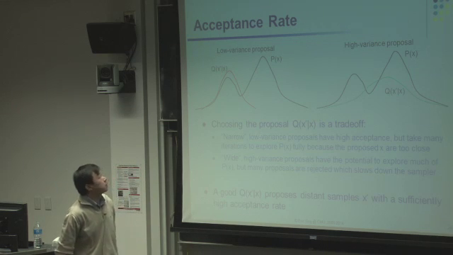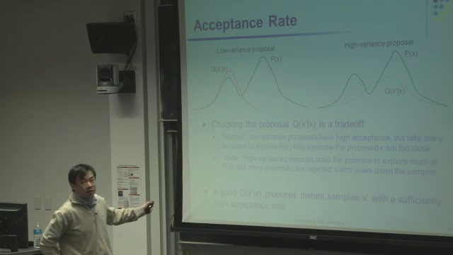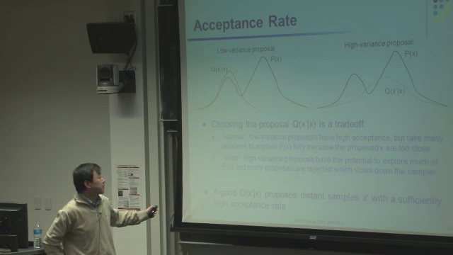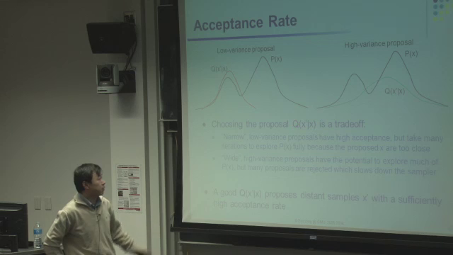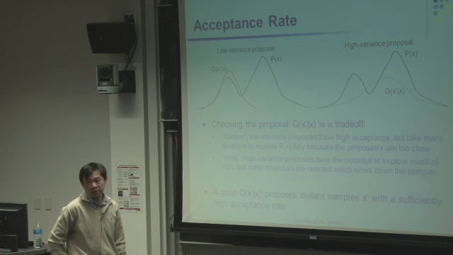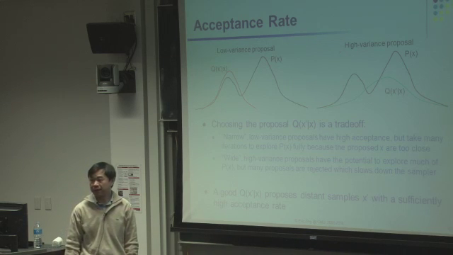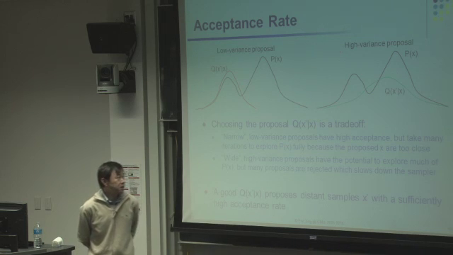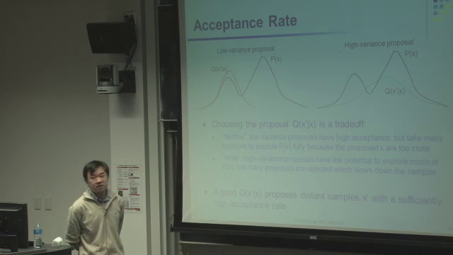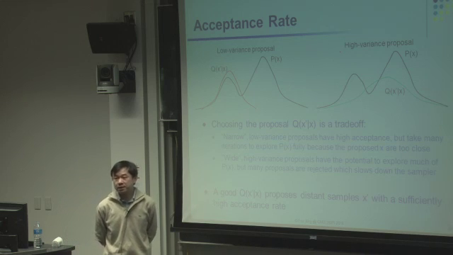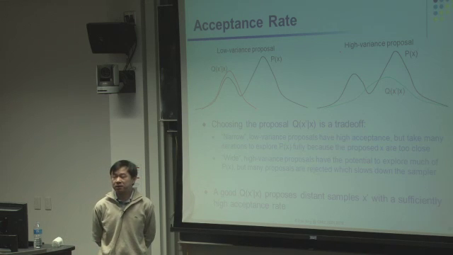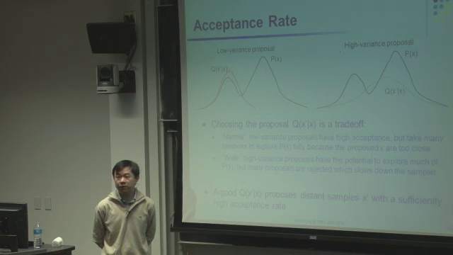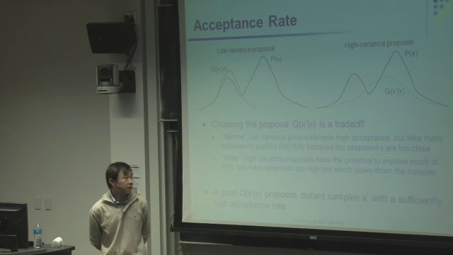So acceptance, of course, the key criterion for judging whether a Q is good is really the acceptance rate. But on the other hand, acceptance rate itself can sometimes be misleading because there are other issues about the variance, whether your sample is representative enough or not.